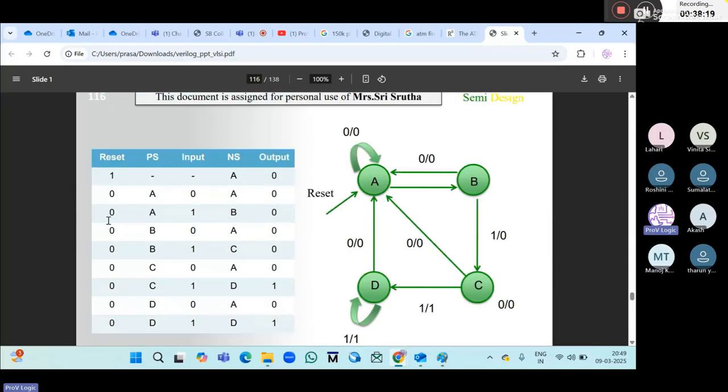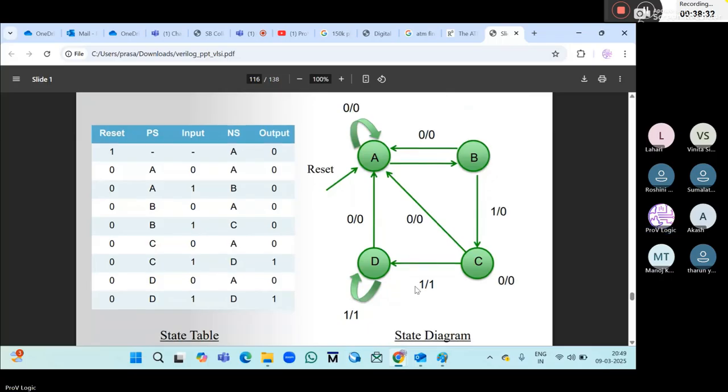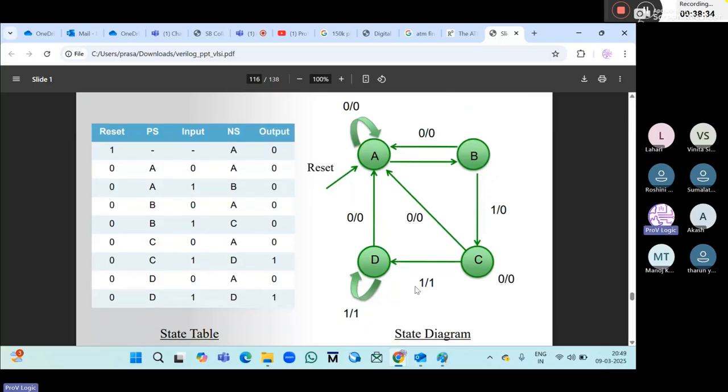See, this table we need to draw. What is the present state? What is the next state? If you draw like this, you will get very good clarity on how to draw. Okay, today I'm just giving the overall FSM. Tomorrow we will discuss these things.